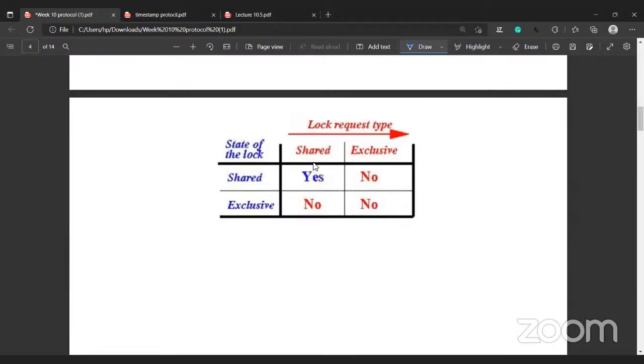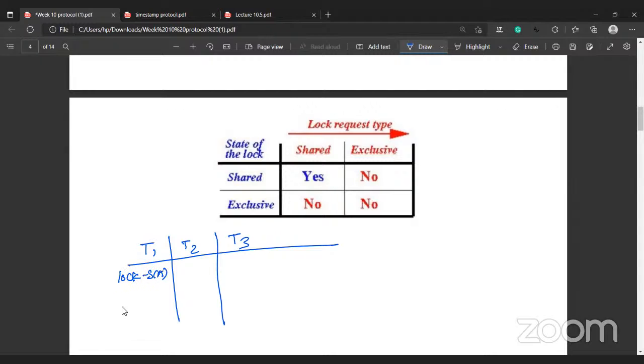Then we'll see the locking matrix. Suppose there are transactions T1, T2, T3. If one shared lock is applied and it reads A, we can apply a shared lock in transaction T2 or other transactions as well, right?